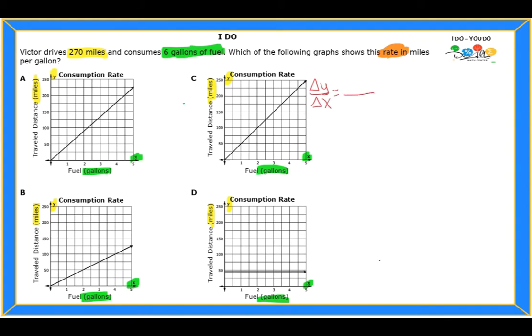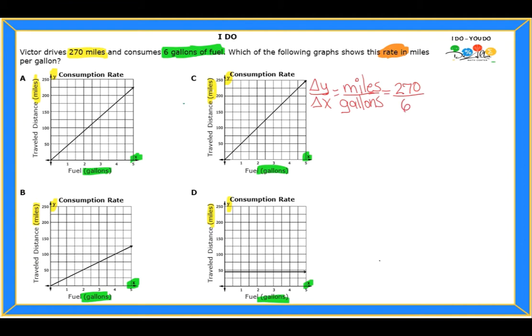Now, I also want to write down the comparison. What is it that the y represents? Well, the y is the miles and the x is the gallons. So when you write down the fraction, hopefully it makes more sense with the labels, right? So 270 is the miles and the gallons will be 6.